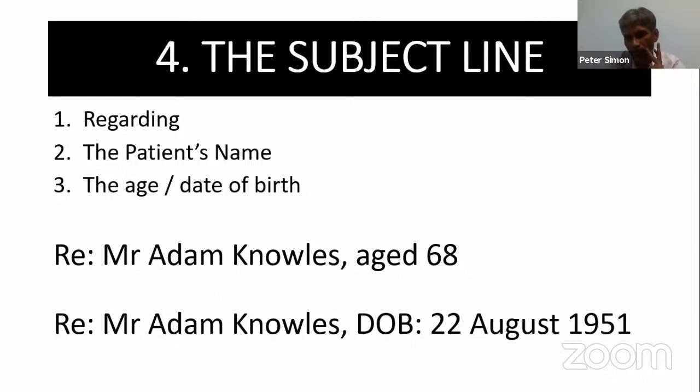So if you've learned these two forms, that's enough. If age is given, write the first form, aged 68. If age is not given, then write date of birth, colon, 22 August 1950. Don't write the name of the month in numbers. Instead of August, don't write 08. Better don't do that.